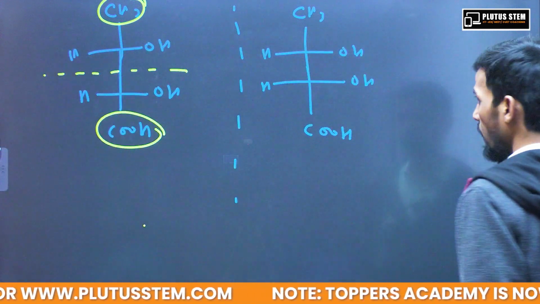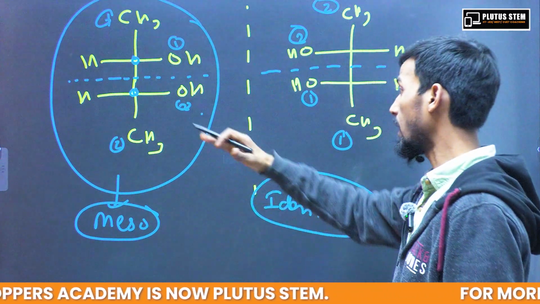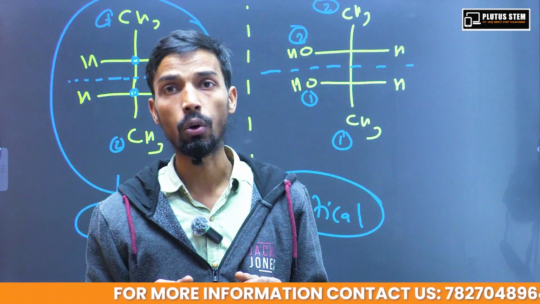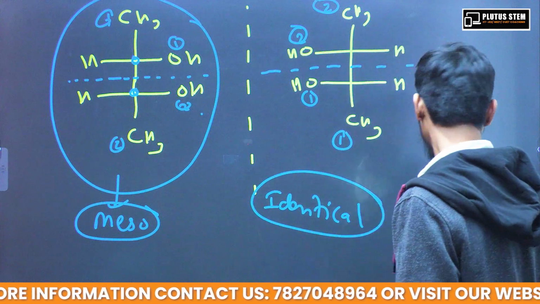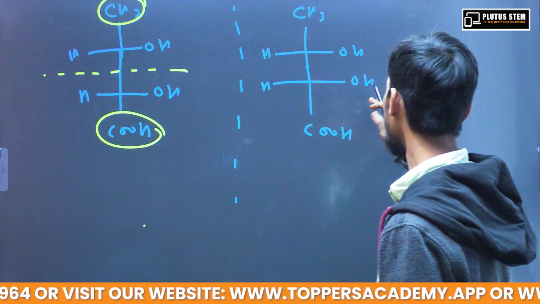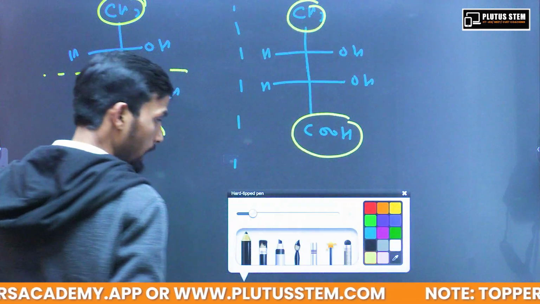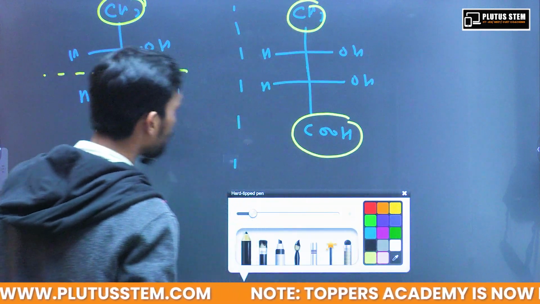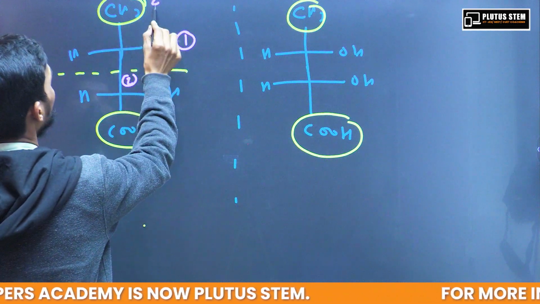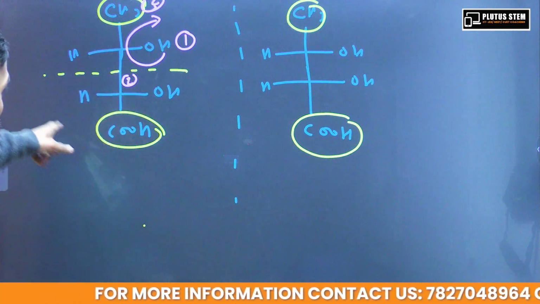But over there we were having CH3 present on both sides. That's why a sigma was there, and for such a compound an issue arises that it becomes the identical compound. But over here, if we visualize this compound and check the R and S, 1, 2 and 3, it will be rotating like this 1, 2, 3, clockwise.